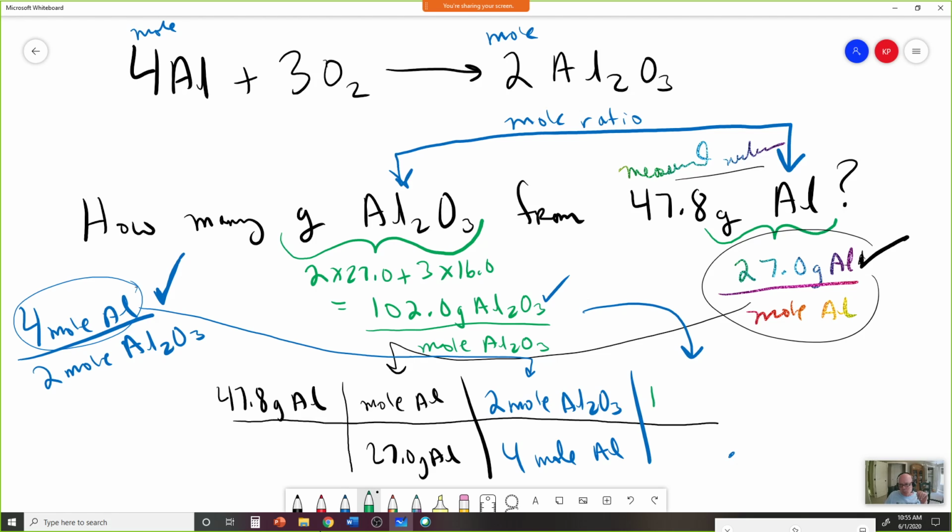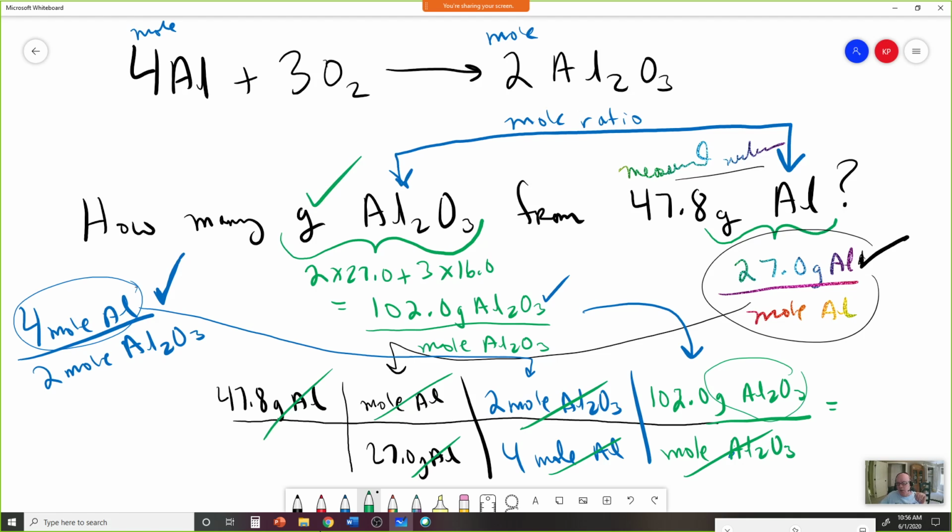I say 102.0 grams aluminum oxide for every mole aluminum oxide, and we're done. Now, you should always check yourself. Look: grams aluminum, moles aluminum, moles aluminum, moles aluminum oxide, moles aluminum oxide. What are we left with? Grams aluminum oxide. What are we looking for? Grams aluminum oxide. So I know it's set up correctly.